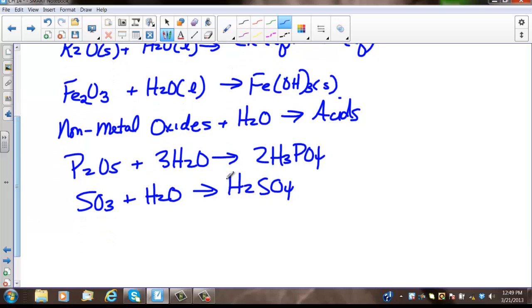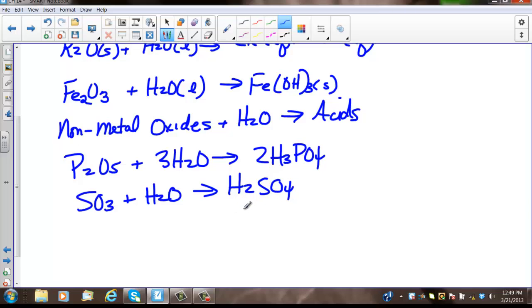However, in this one, there's a subsequent reaction going on, okay? Actually, even in the H3PO4, where the SO4 is going to dissociate.